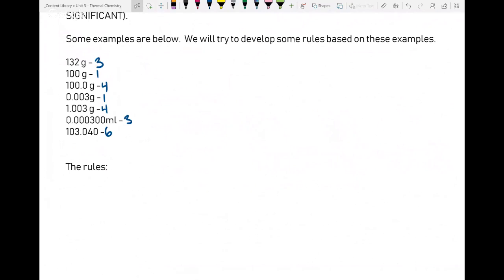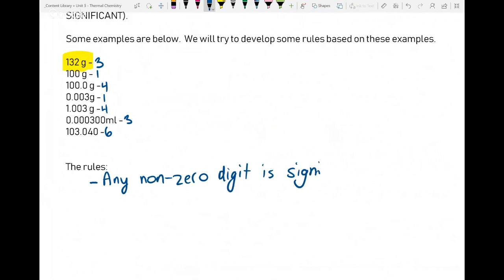Well, you're back, and let's see what we can learn from this. The first rule I would say is that one thing we can always be sure of is any non-zero number is significant. And when we say significant, what it means is this: that number has been measured and it's meaningful.